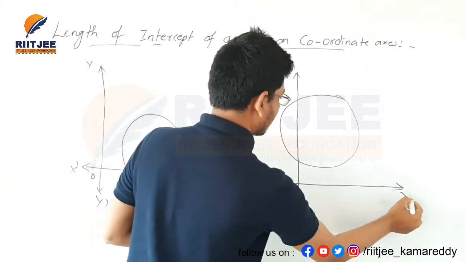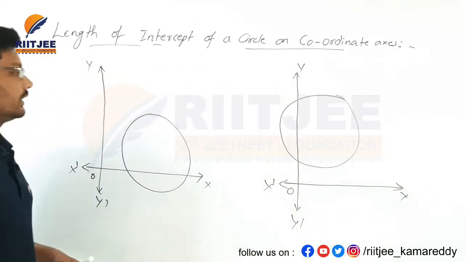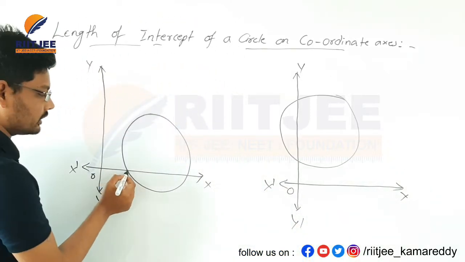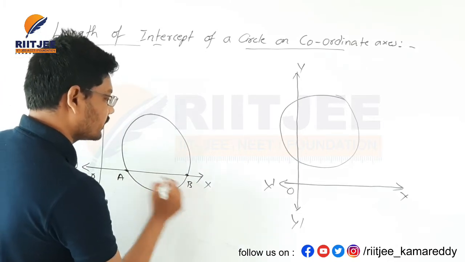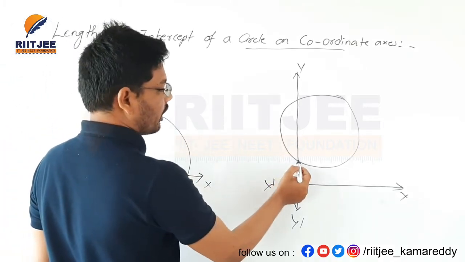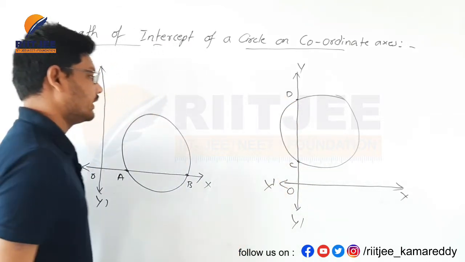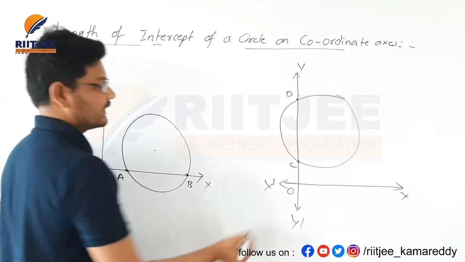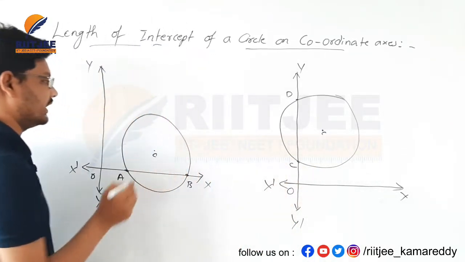The intersecting points on the x-axis are A and B, and the intersecting points on the y-axis are C and D. Here this is the center.